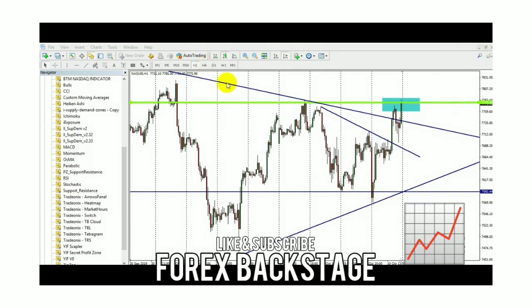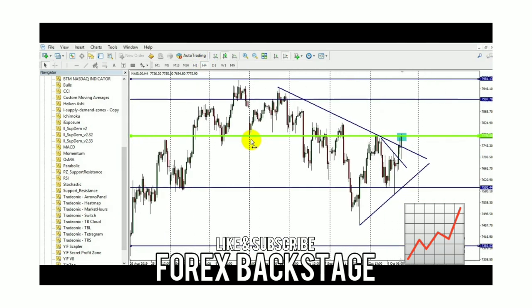So let's check to here on a 4 hour time frame. Now, if we're going to buy here, where are we going to put our take profit? As you can see, even here, let me change this thing. As you can see, even here, the market respected this line, and also this line here.